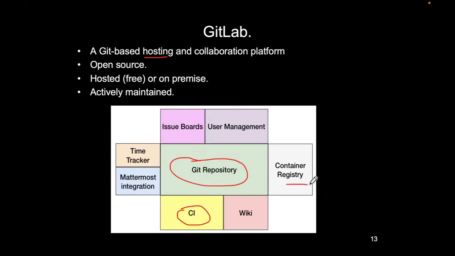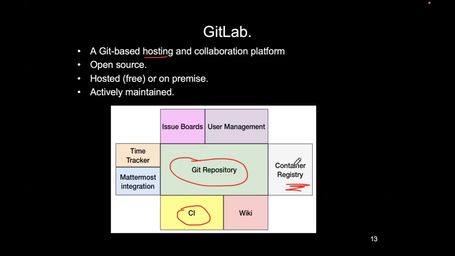Coincidentally, over here, it does actually have its own Docker repository, a container repository. So that's an alternative to Docker Hub. I don't think we will use it. We may, but it's just an alternative to Docker Hub.